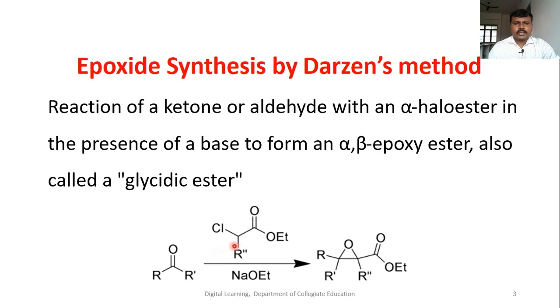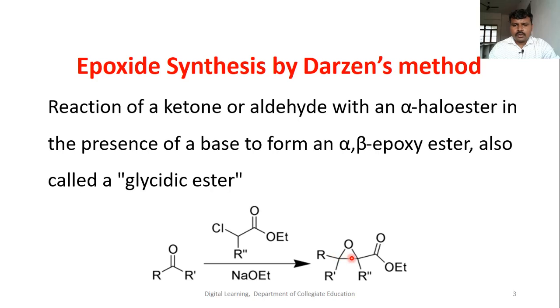Aldehydes and ketones react with alpha halo ester in the presence of a base, sodium ethoxide, to give an alpha beta epoxy ester. This is the alpha beta epoxy ester because this is the alpha position and this is the beta position.